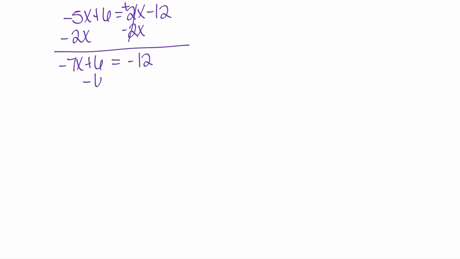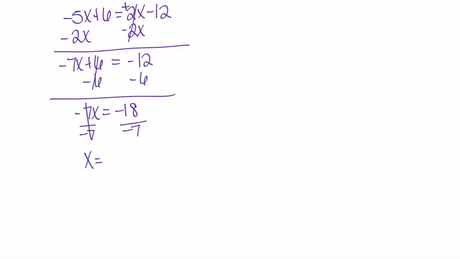And now I'm going to subtract 6 from both sides, and when I do that, I get negative 7x equals negative 12 minus 6, which is negative 18. Then I divide both sides by negative 7. And when I do that, I end up with x equals 18 over 7. Okay, so x equals 18 over 7 is the solution to our equation.